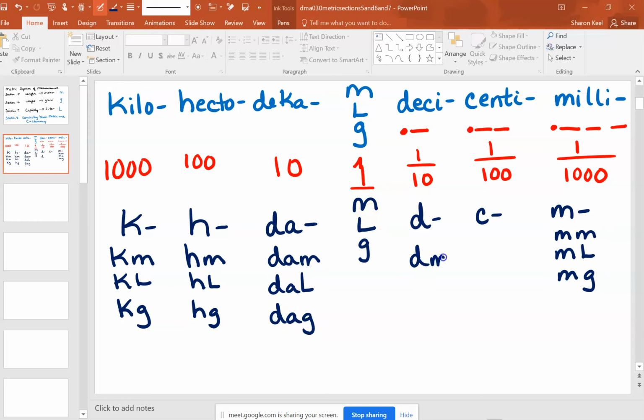Then we have decimeter, deciliter, decigram, centimeter, centiliter, or centigram. So each of the prefixes, depending on whether you're talking about length is meter, volume is liter, gram is the weight. So you only change the unit based on which type of measurement you're doing, okay?